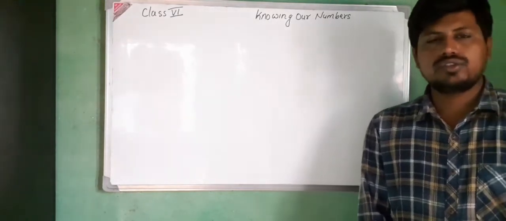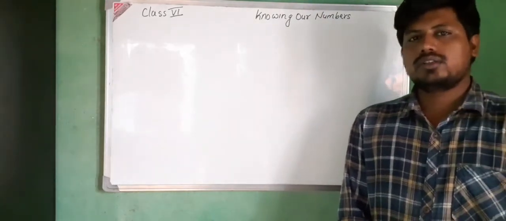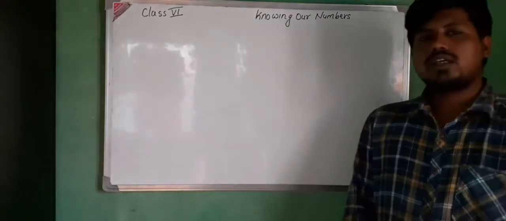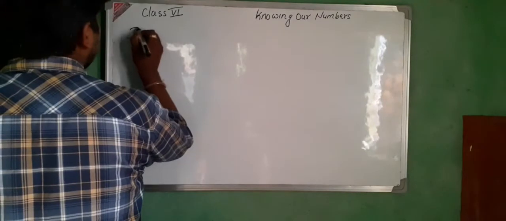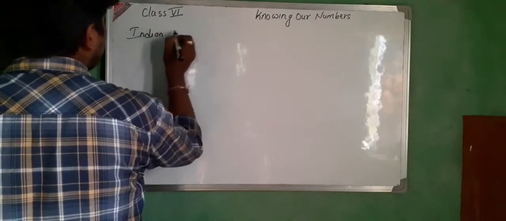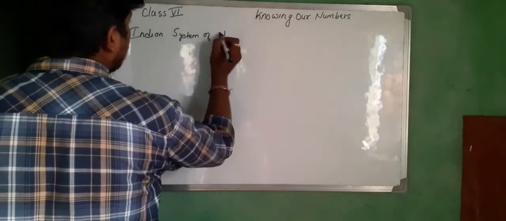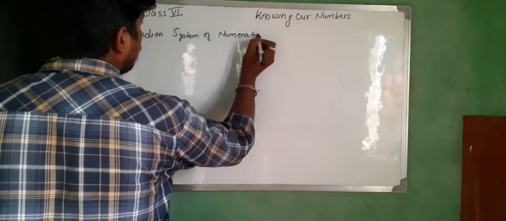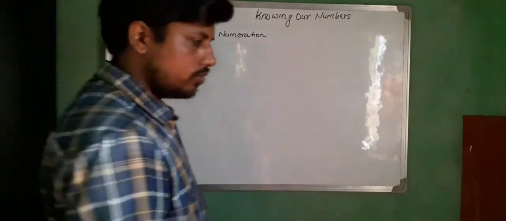In today's topics we're going to study the system of numeration. There are two types of system of numeration. First one is called the Indian system of numeration.